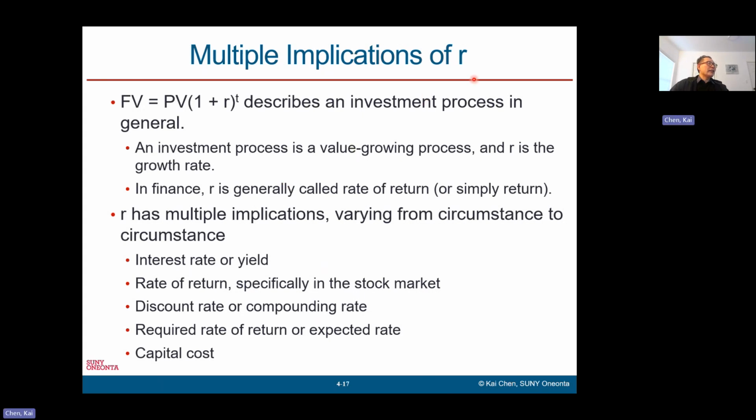Let's have a closer look at the R. First of all, we know that this future value formula, FV equals PV times 1 plus R raised to the power of T, describes an investment process in general, and an investment process is a value growing process. This is why we say R is the growth rate. In this value growing process, R measures how fast the value of investment is growing.